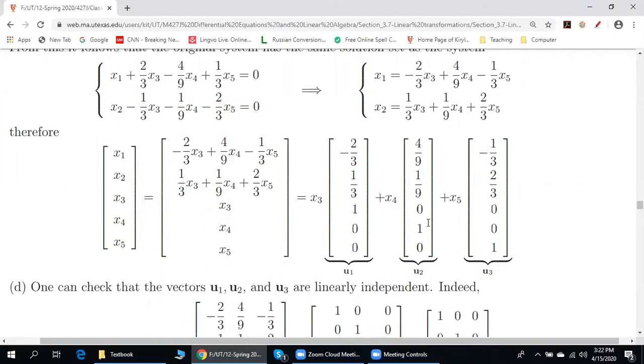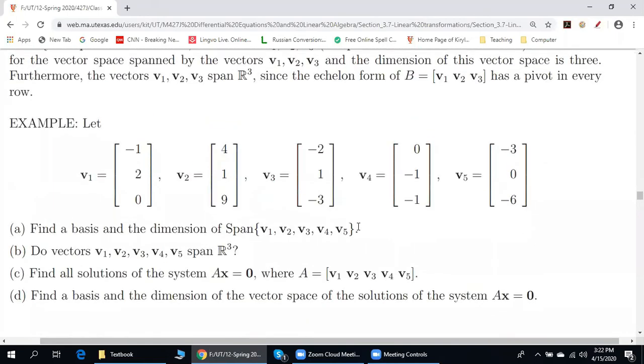Is the dimension the number of free variables? It depends on the dimension of what you are trying to find. Dimension of this is the number of basic variables. Dimension of this is the number of free variables.